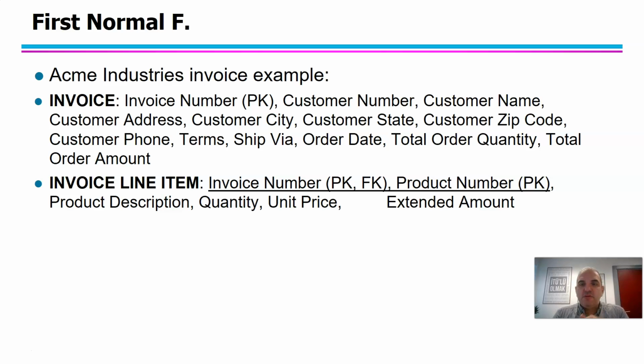And the final step is to create a primary key. You can create a primary key by adding some columns from the repeating part, which is product number, product description, quantity, unit price, and extended amount, to the primary key of the original table, which is invoice number, so that you can have two columns together as a primary key. This is one way of doing things.